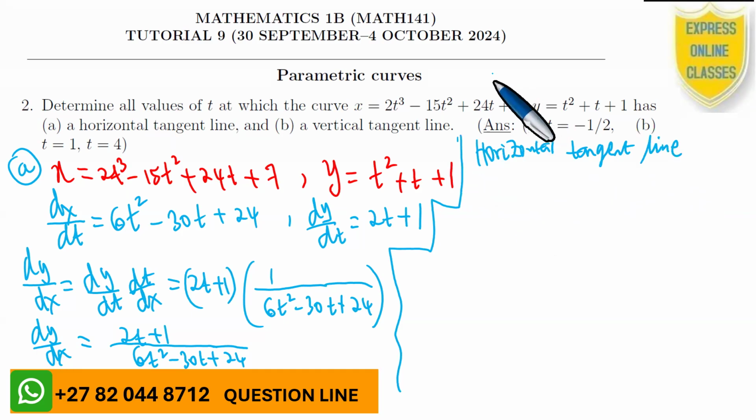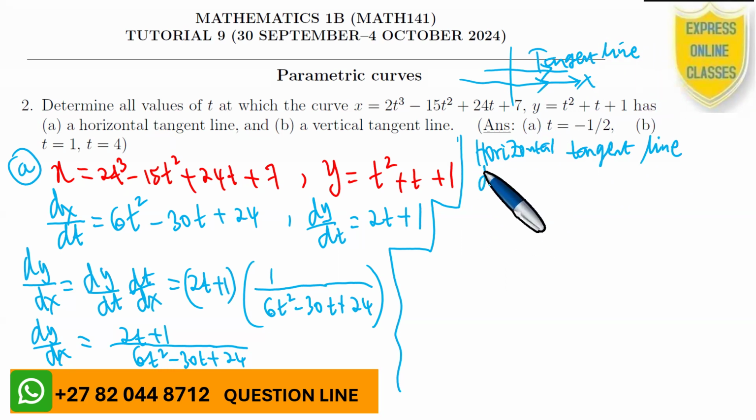Horizontal tangent line means that the tangent line is horizontal, parallel to the x-axis. And if this is the x-axis, then the tangent line is parallel to this. Now, if the tangent line is parallel to the x-axis, the fact is that dy dx itself must become 0.